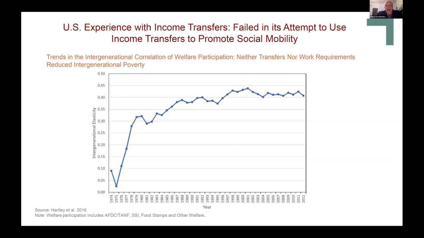And what you see is that even in the period when incomes were rising through cash transfers, the dependence between a child and his parents became stronger. It certainly didn't go away. And that was the great hope of the Great Society. So the idea is that by giving the poor money in one generation, you can improve the quality of outcomes in the next generation. So that was the goal.